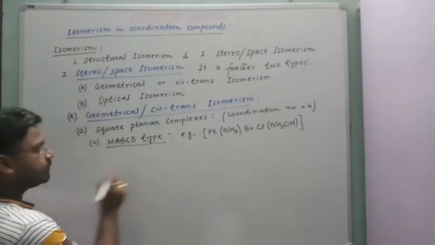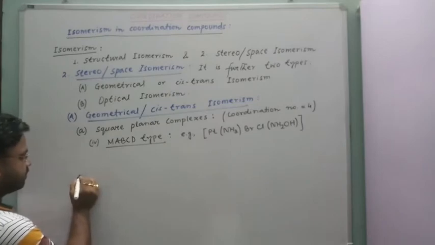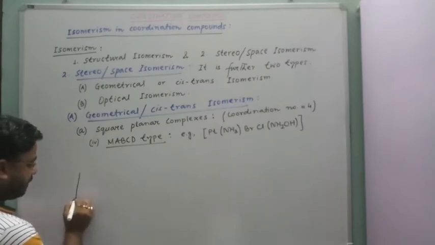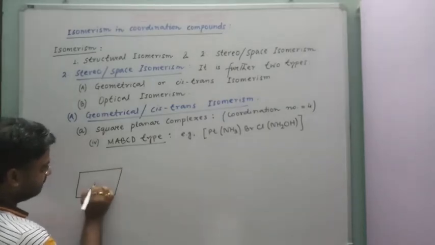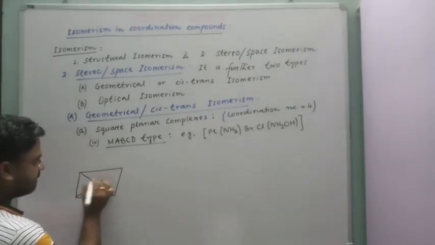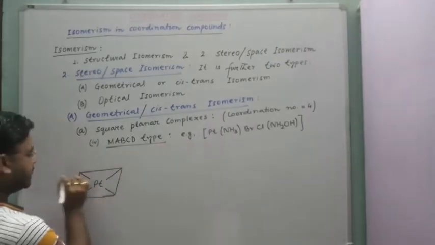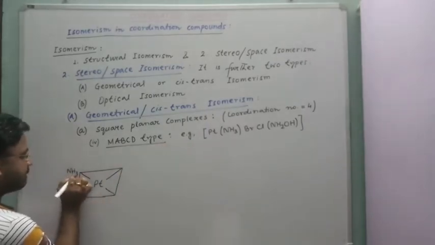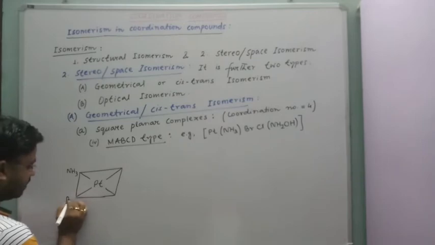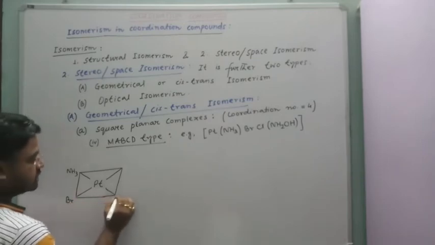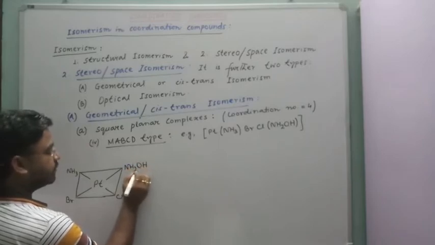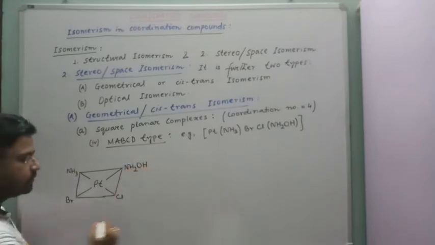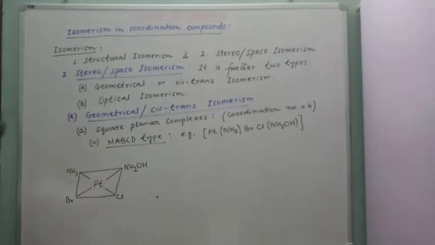For example, you see, say platinum, NH3, Br, Cl, NH2OH. This is one complex.